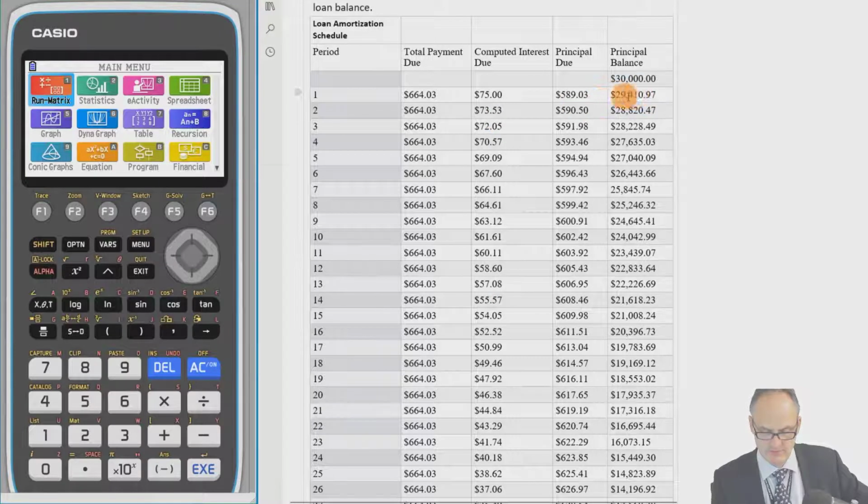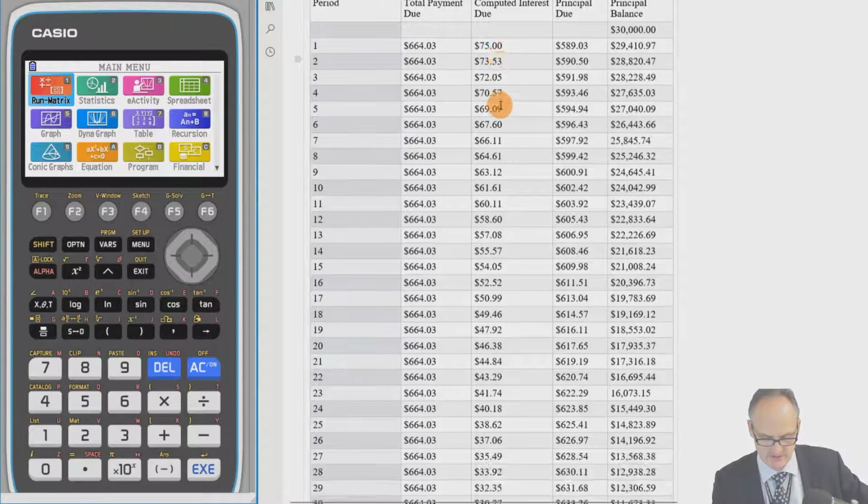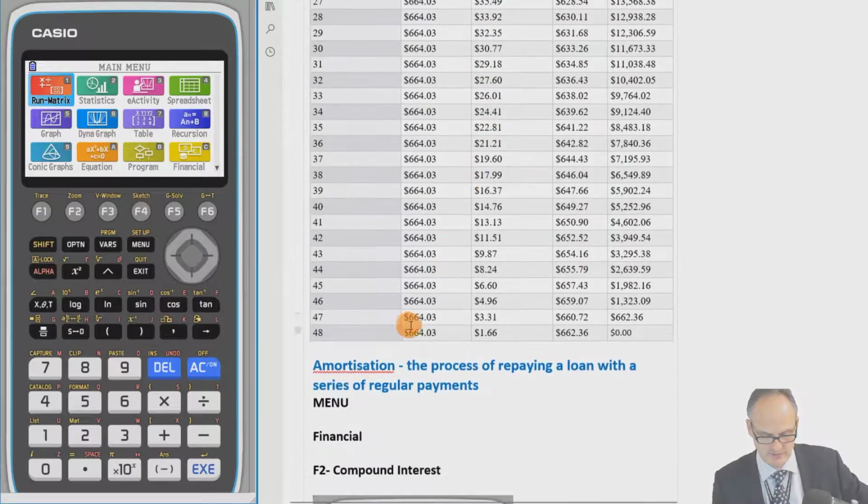So whatever's still left to be owed to whoever you're borrowing from, they will add on the interest to the amount. So more will be owed due to the interest, but less will be owed because you've made a payment, and this is calculated all the way through. And you notice that using these regular payments, you eventually get down to a cost of £0 on the loan.